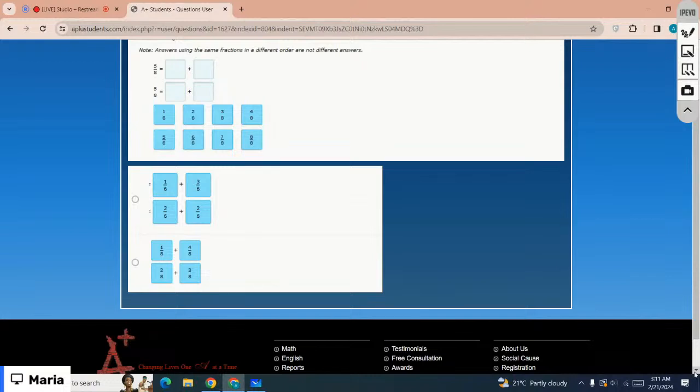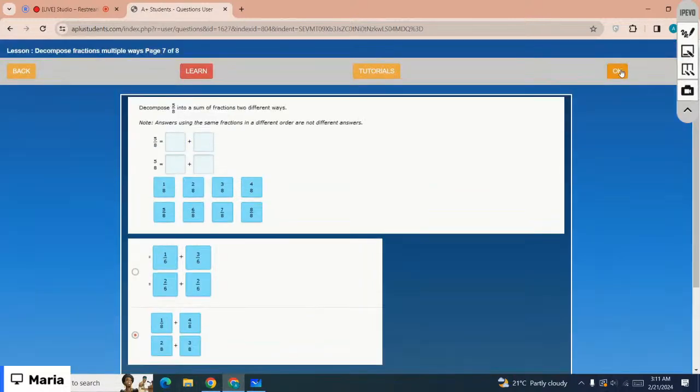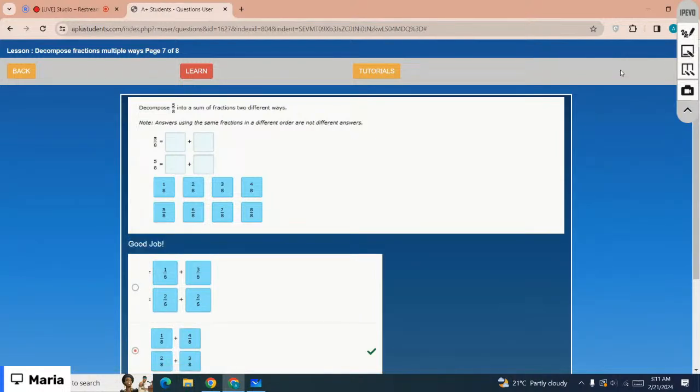So which is the correct option? You have to make 5 over 8, right? So option number 2 is the correct option, right? Because 4 plus 1 makes 5 and 3 plus 2 makes 5. Option number 2 is the correct option. Got it?